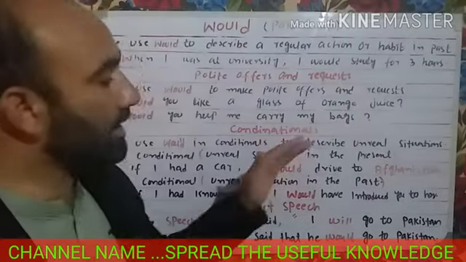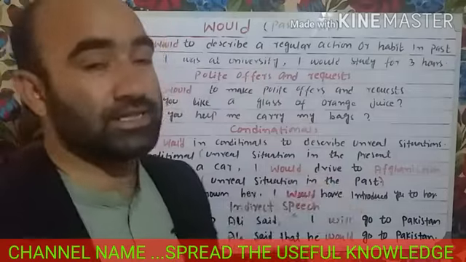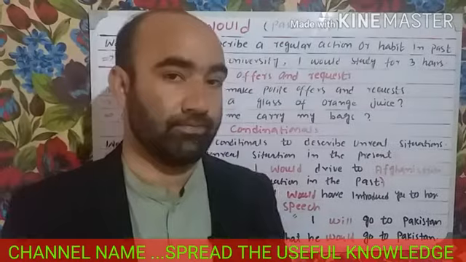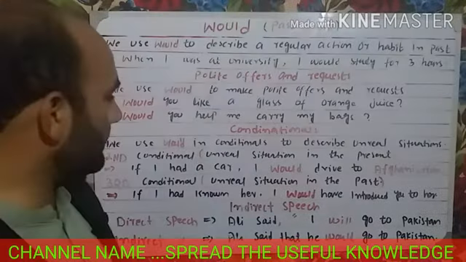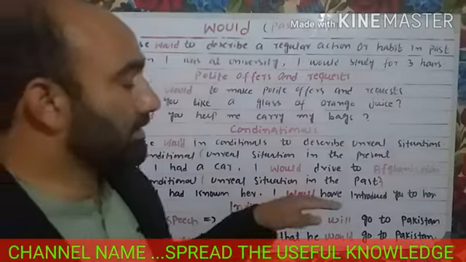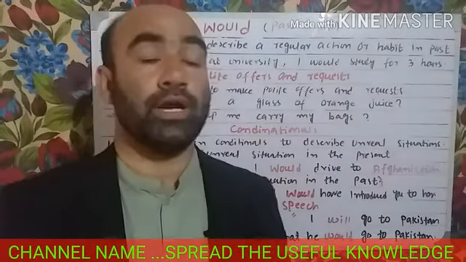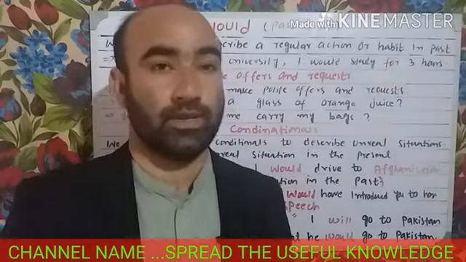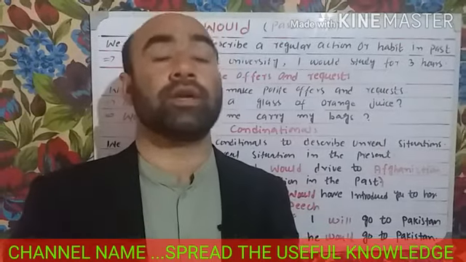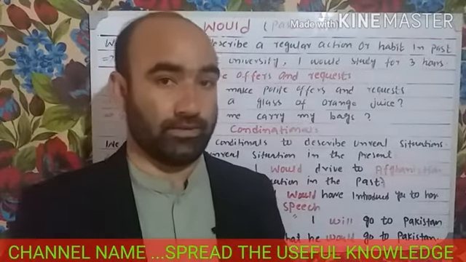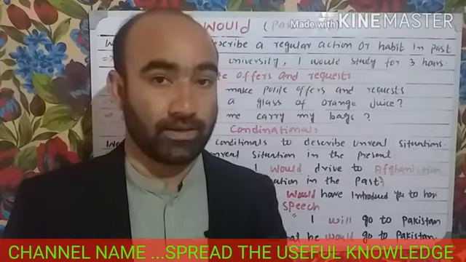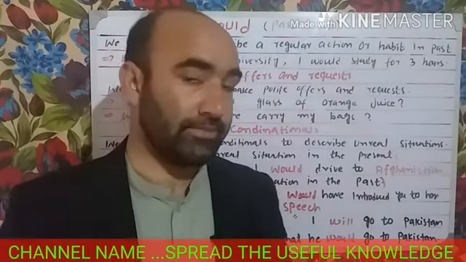Okay. Now, conditional sentences. There are 4 conditional sentences, but in the third and the fourth conditional sentences, we also use would. When we are talking about an unreal situation, a hypothetical situation, when we are going to imagine something, we use would for that purpose also.